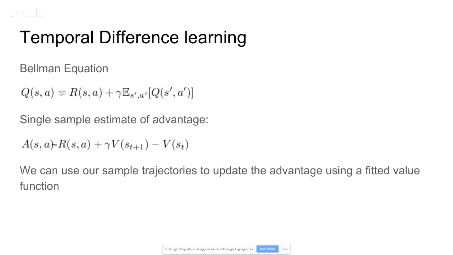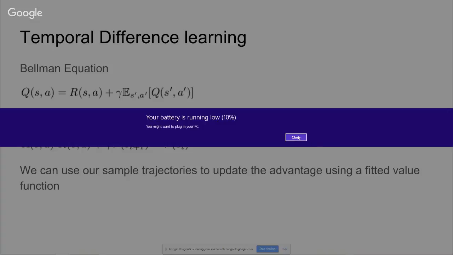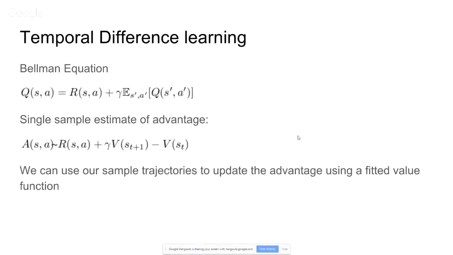So remember, our advantage function was just the Q function minus the value function. This is an expectation, but we can approximate it by using a single sample estimate. It's not going to be exact, but if you do it enough times, then it's going to be accurate enough.